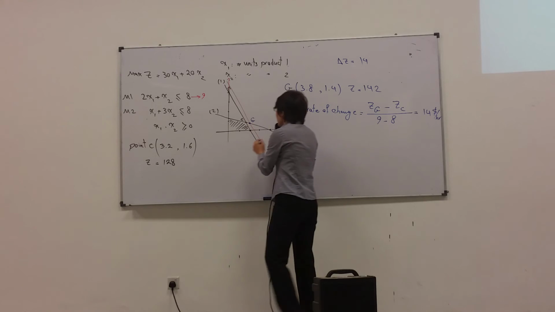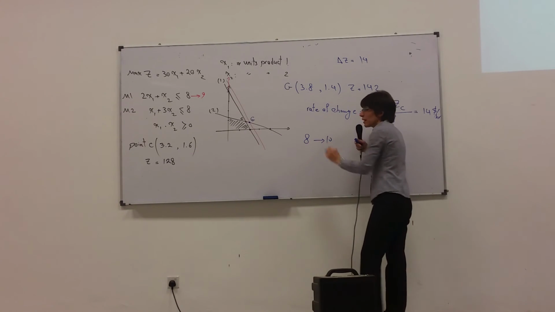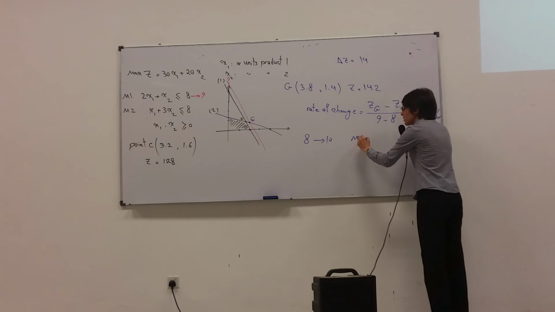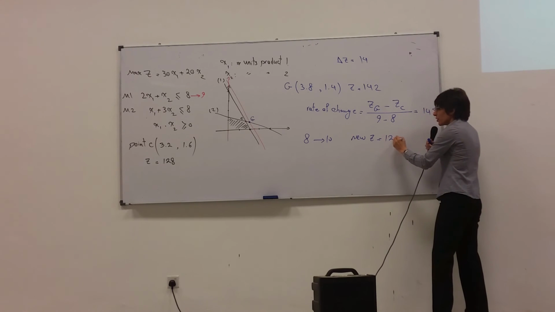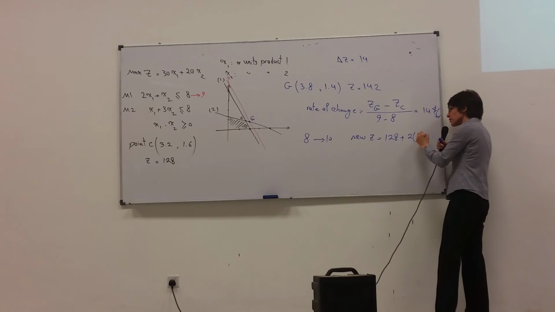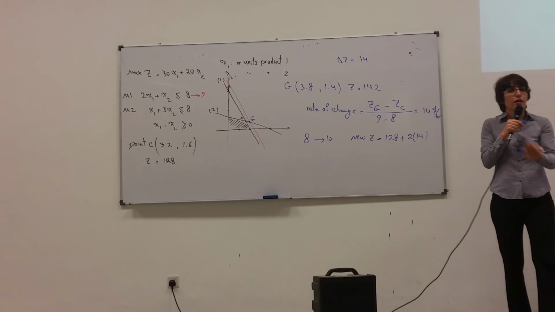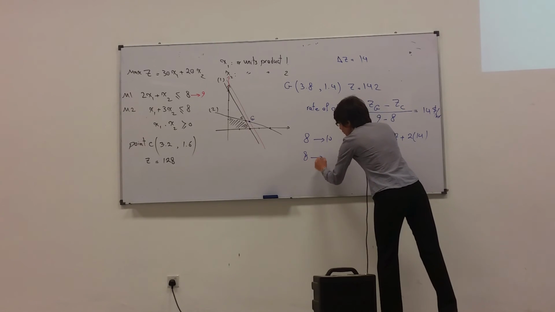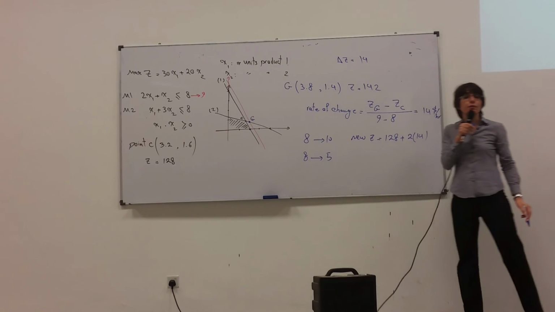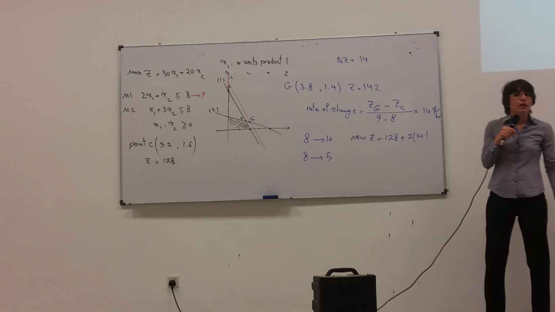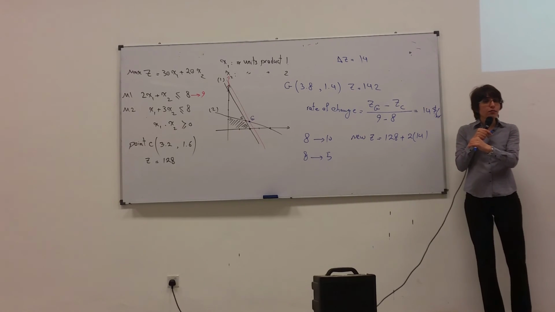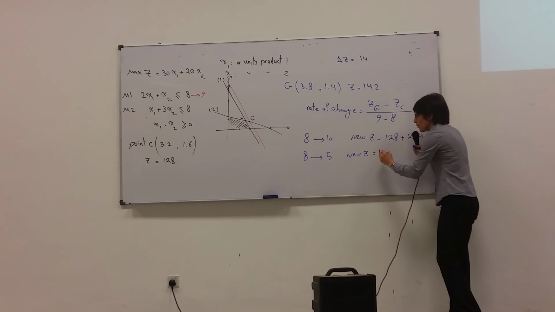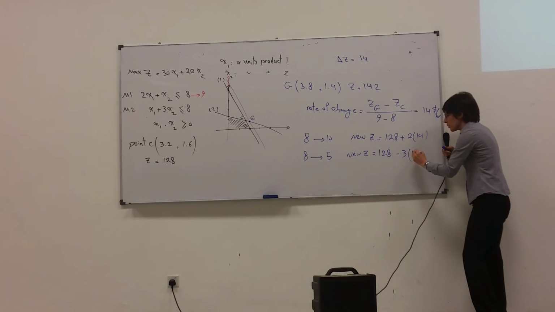So if I change 8 to 10, the new value for Z is 128 plus 2 times 14, because I increased 2 hours. If we change 8 to 5, we decrease the right hand side, so the new Z is 128 minus 3 times 14.